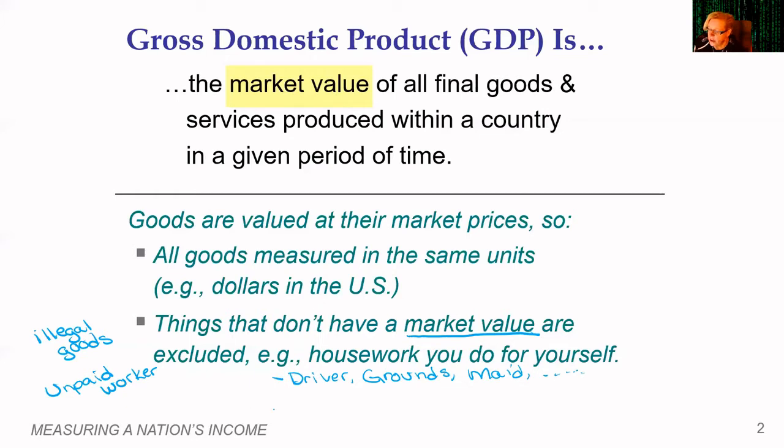But because I'm doing all of those things myself, in a way, I'm subtracting that work from GDP. So that's what we mean by things that don't have a market value.